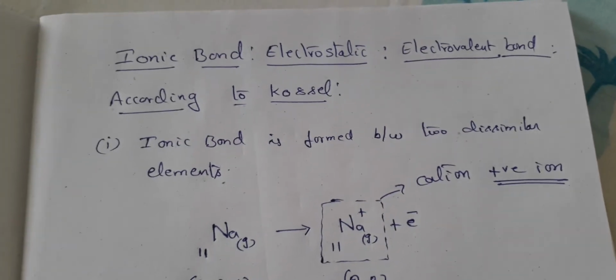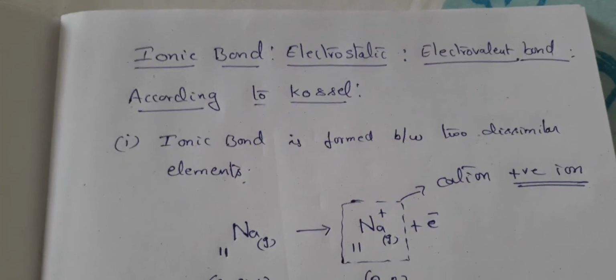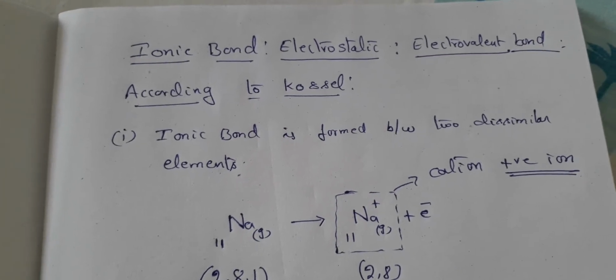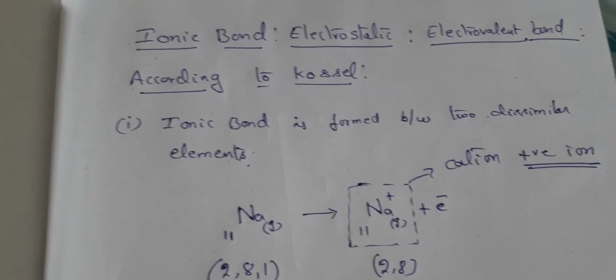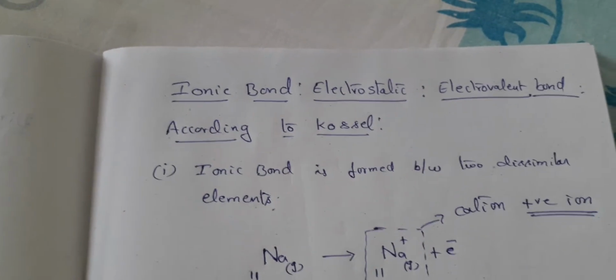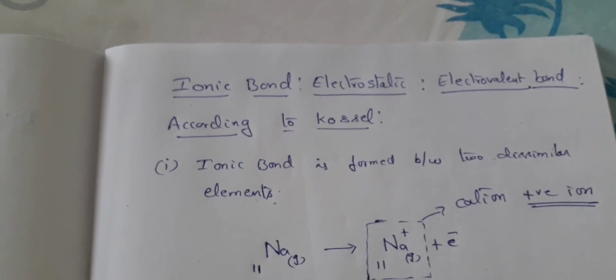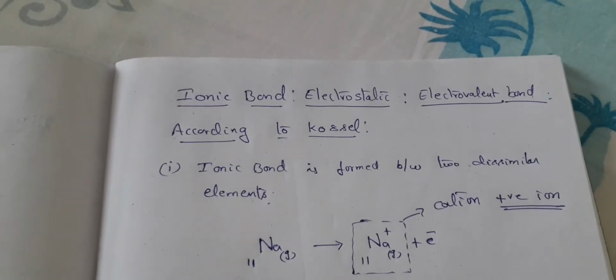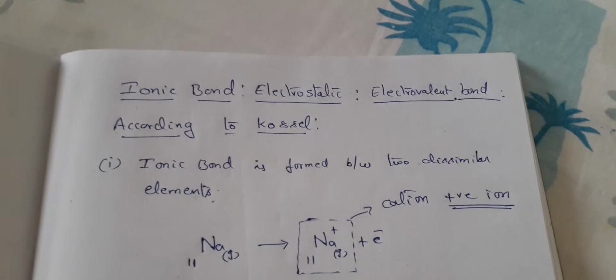Now, according to Kossel, how is an ionic bond formed, and what are the factors which decide the formation of an ionic bond? That we are going to see now. Ionic bond is formed between two dissimilar elements. That's the first statement from Kossel's theory of formation of ionic bond.